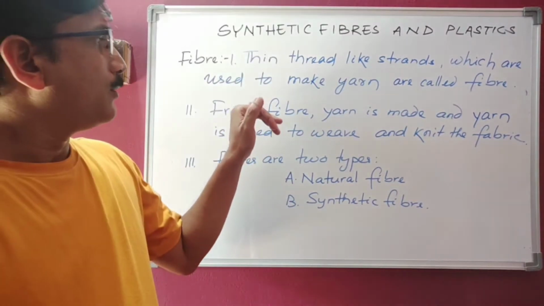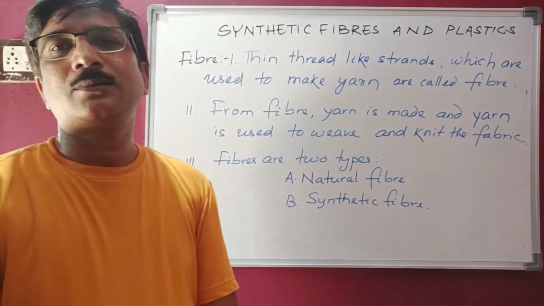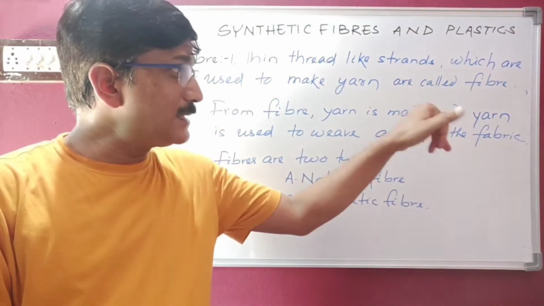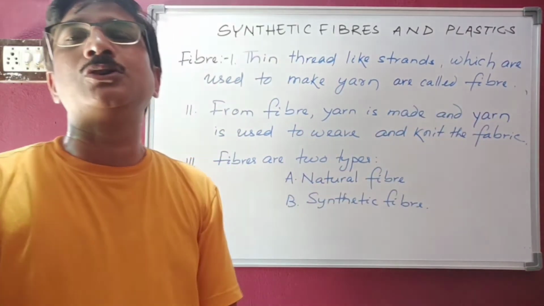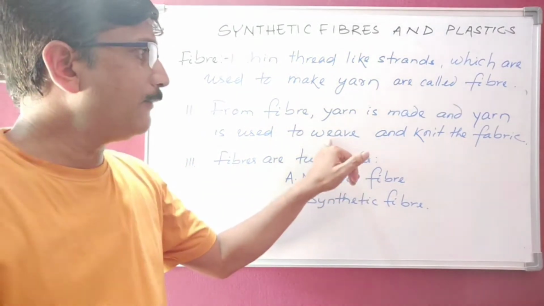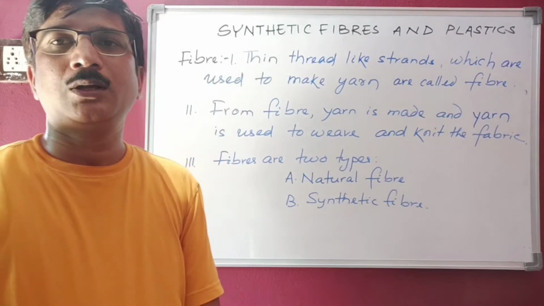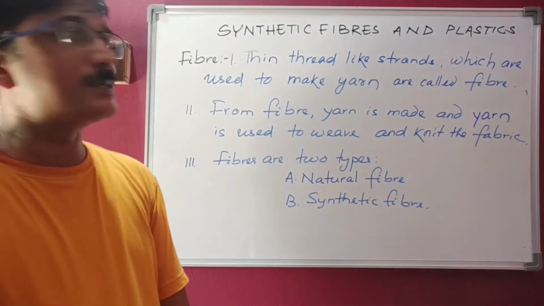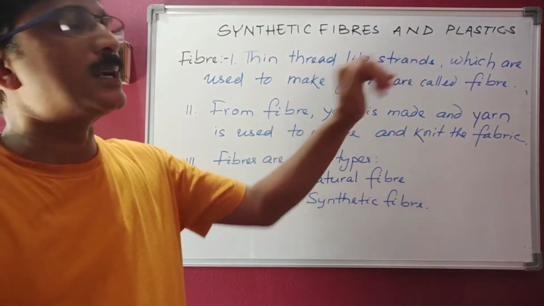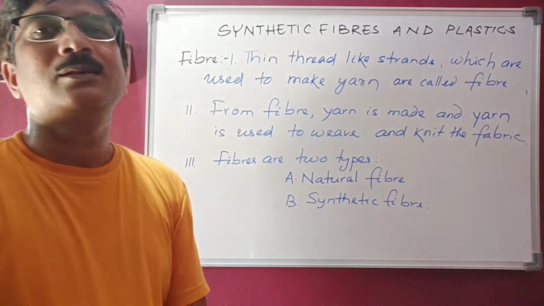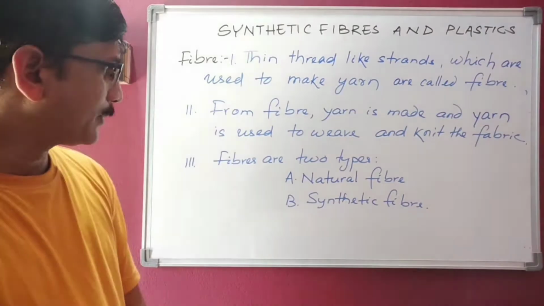From the fiber, the yarn is made, and this yarn is used to weave or knit fabric. So overall, we can say the thin thread-like strands which are used to make fabrics are called fibers.